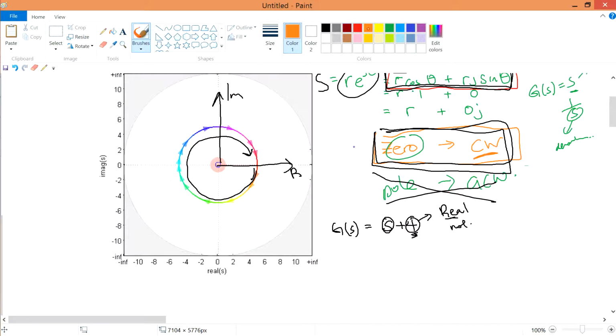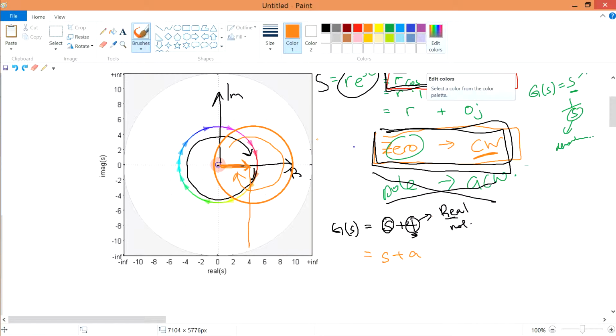In other words, the new graph is just shifted by plus 4 in the real axis. You see? So you shift over here, and the new graph will look somewhat like this, with the same form of a clockwise direction. We can generalize this 4 as just plus a, some real number, and that's it.